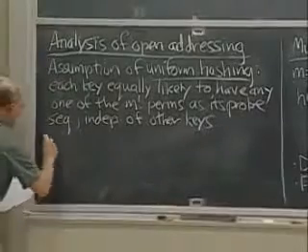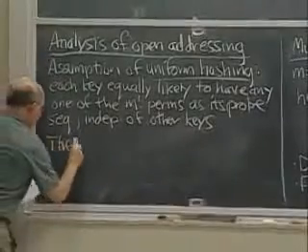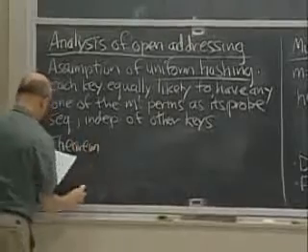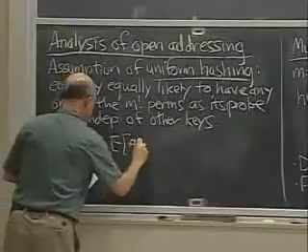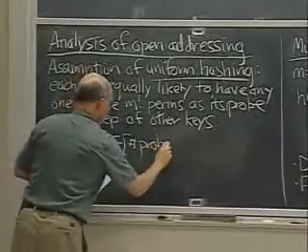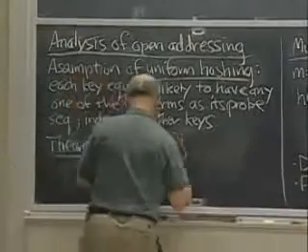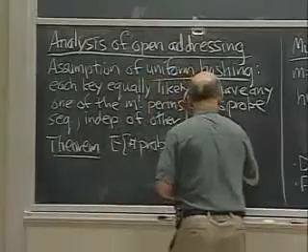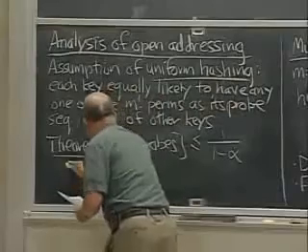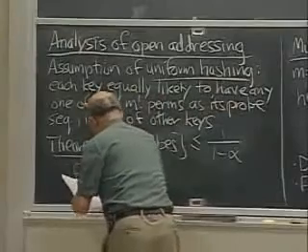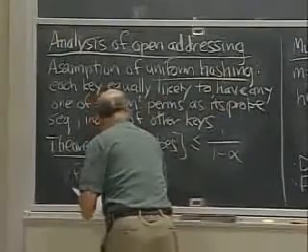The theorem we're going to prove is that the expected number of probes is at most 1 over 1 minus alpha if alpha is less than 1.